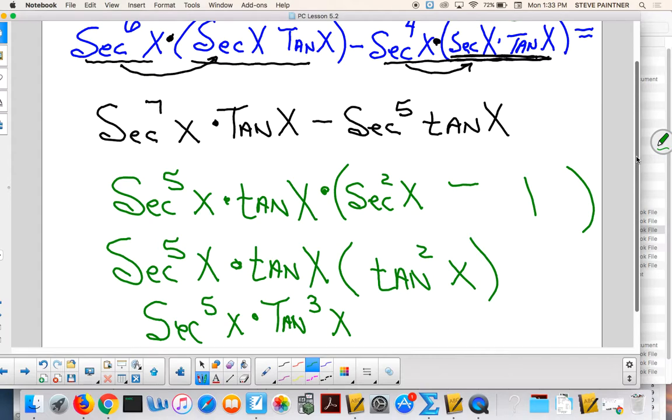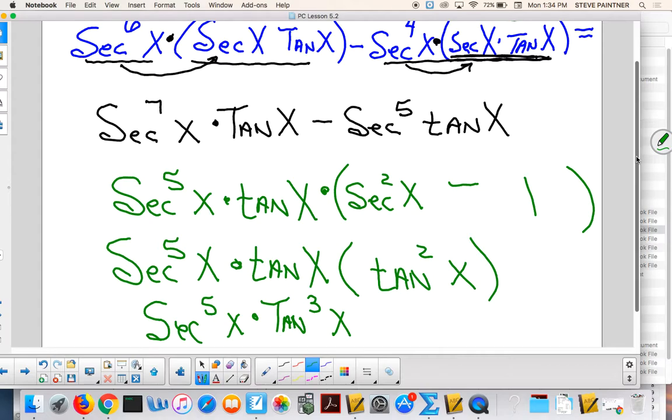The ones are gone, and all you have left is this over this. Does this bottom thing equal anything? Can I change this? 1 minus tangent squared, yes, it is.